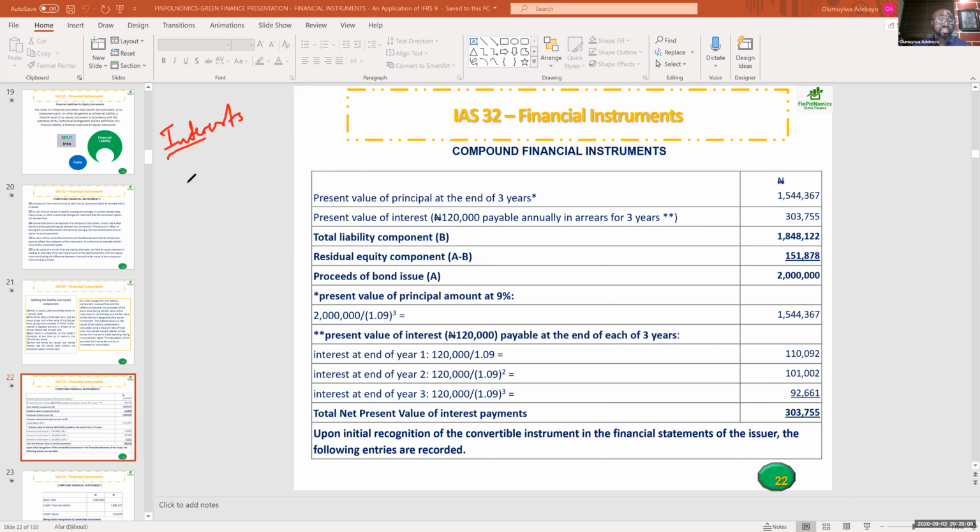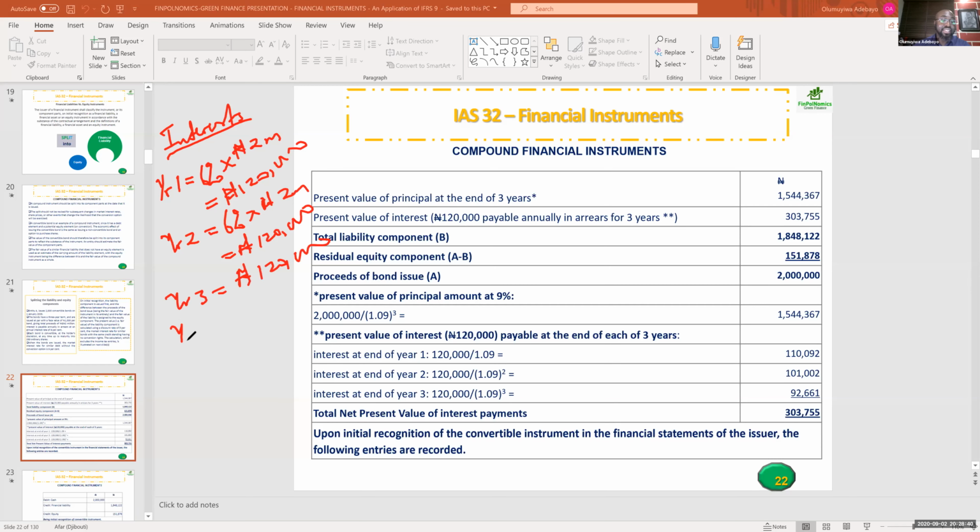Year one interest, remember, is 6% of the 2 million, which means 6% of that is 120,000. Year two is the same, 6% of 2 million, and that is also 120,000. Year three is not left behind, it is still 120,000.